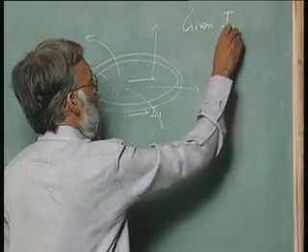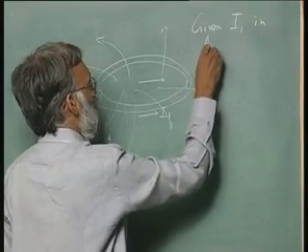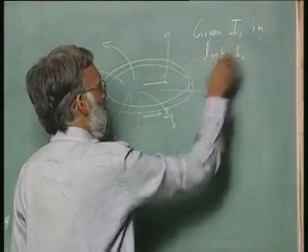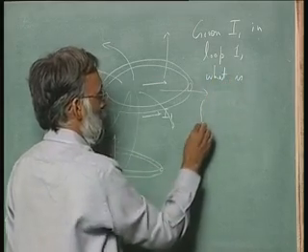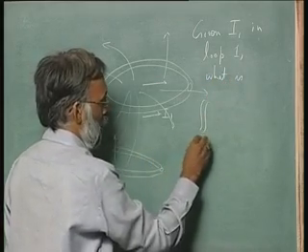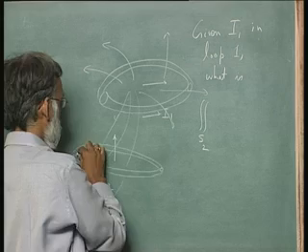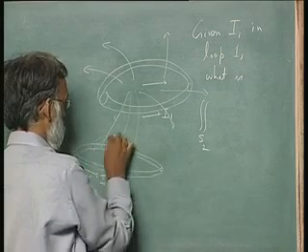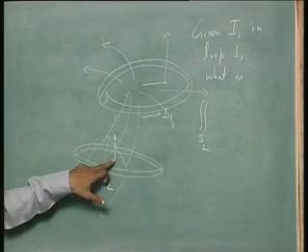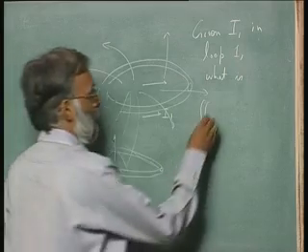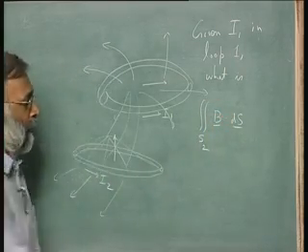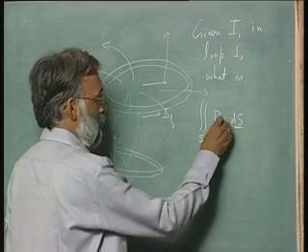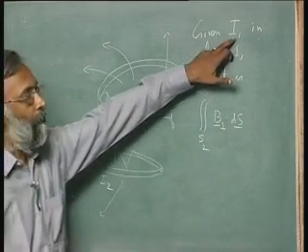given I1 in loop 1, what is the surface integral over S2, that is, draw a surface on this loop, of B dot ds, and I will say B1 dot ds because it is the B due to current I1.